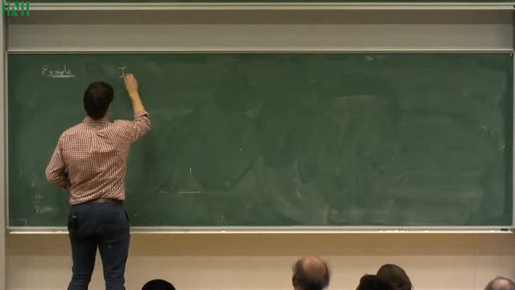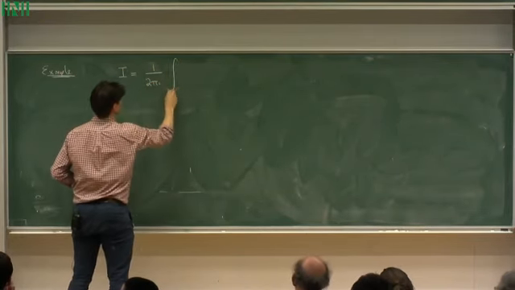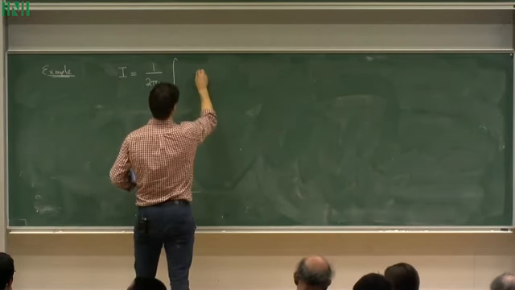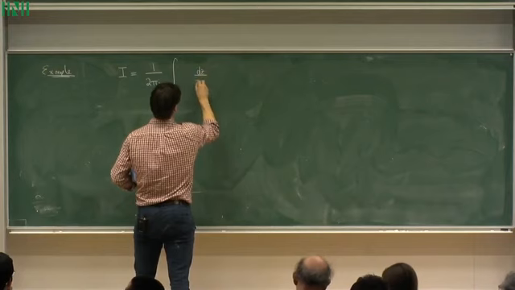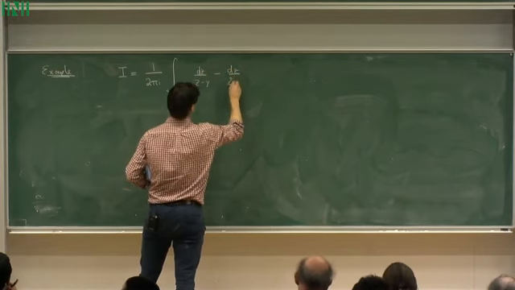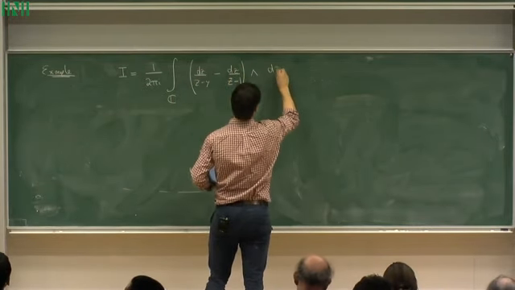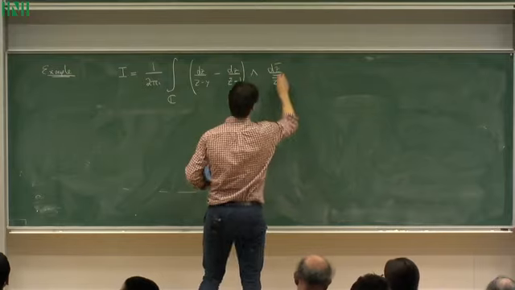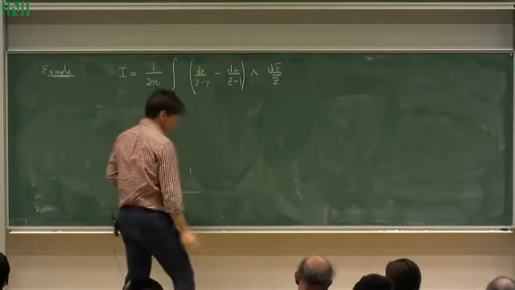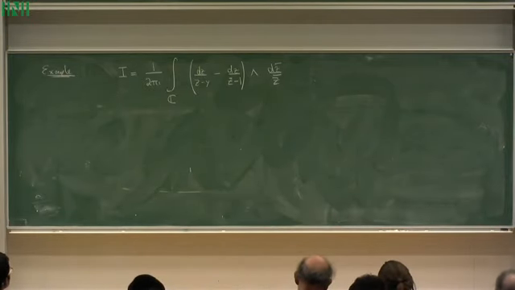So here's an example: 1 over 2 pi i, integral over C of dz over z minus y minus dz over z minus 1, wedge dz bar over z bar. And this differential form here is somehow playing the role of this interval 1 less than x less than y.